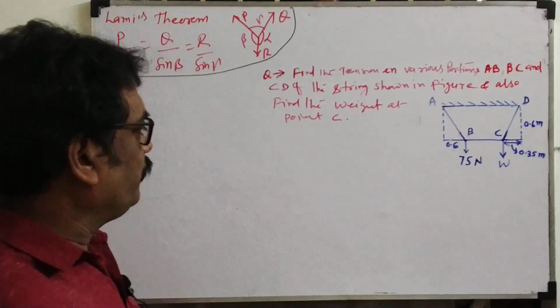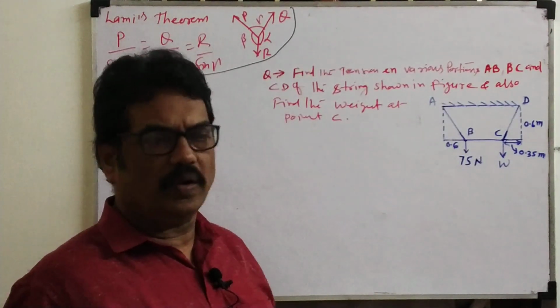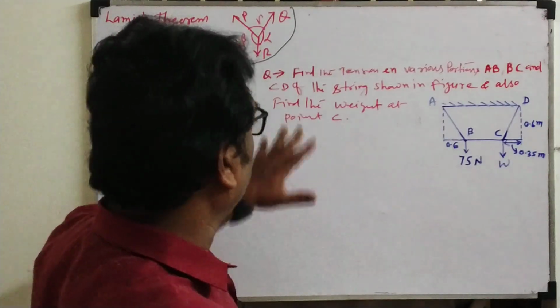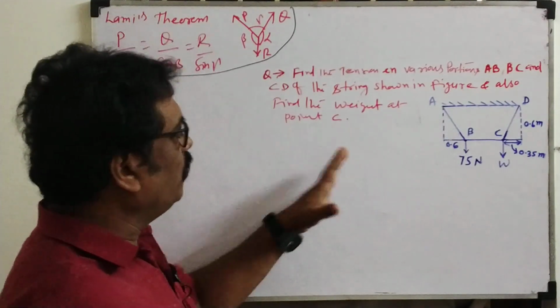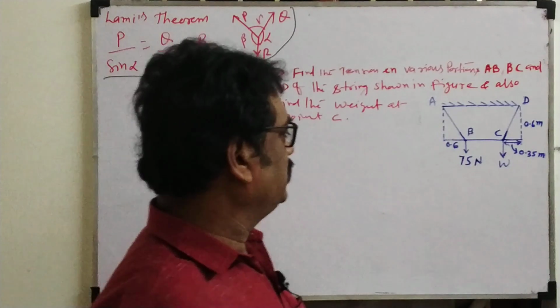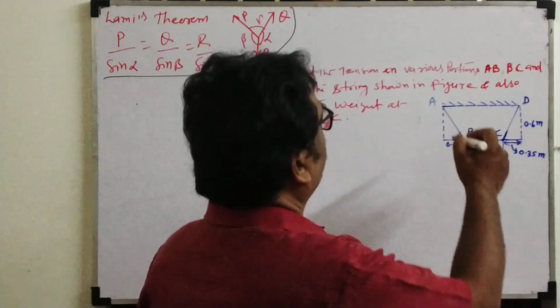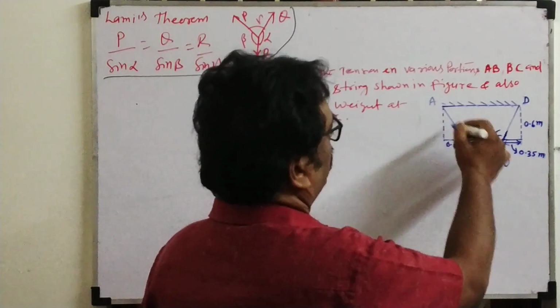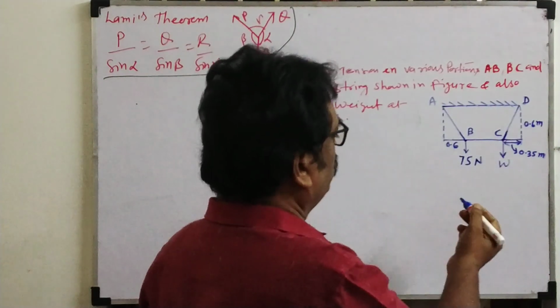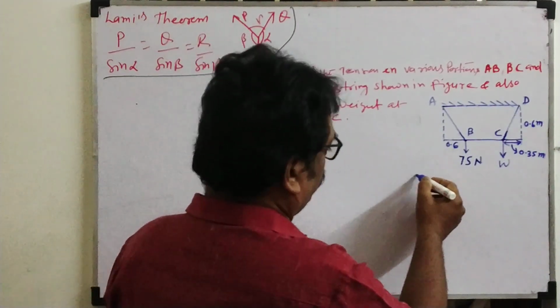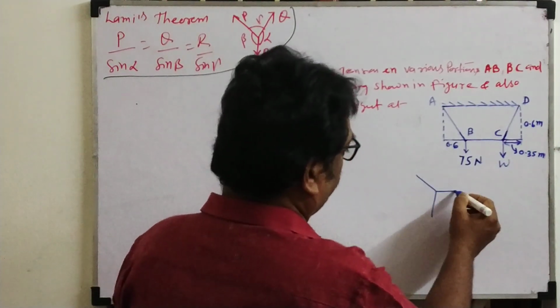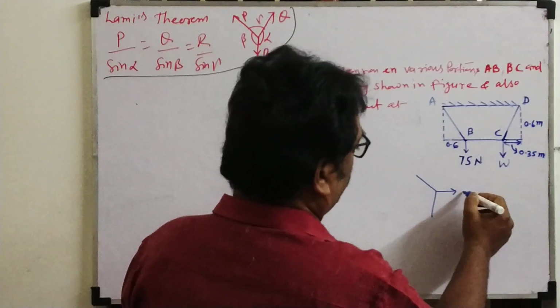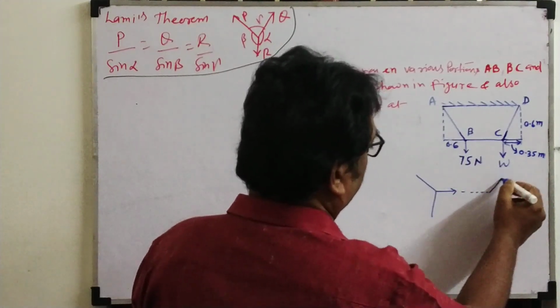So first, how will we identify that these problems can be solved by Lami's theorem, because it is not mentioned anywhere? How will we know this will be solved by Lami's theorem? Once they are asking to find the force, tension AB, BC, CD, suppose we draw the free body diagram. This part, what is coming?